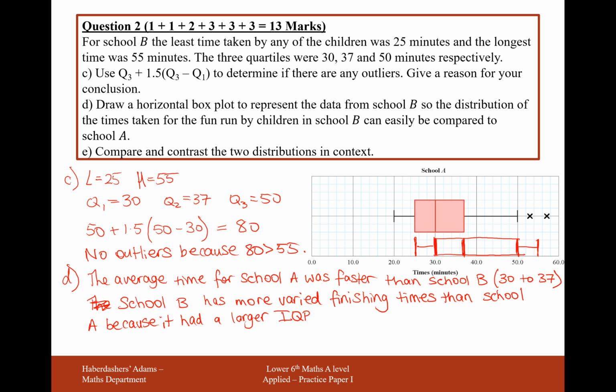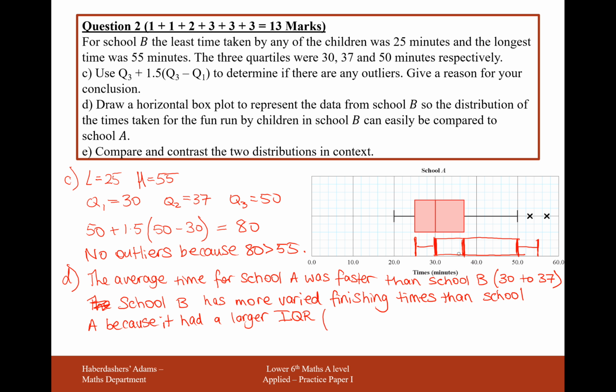interquartile range. Okay, we don't compare the range with box plots because that will be skewed towards extreme values. The interquartile range here is a measure of spread of the most average 50% of students.